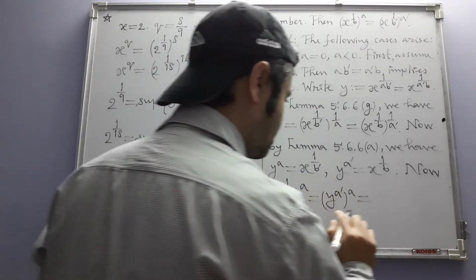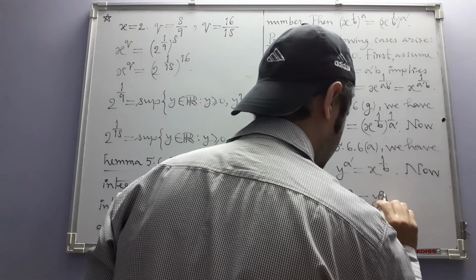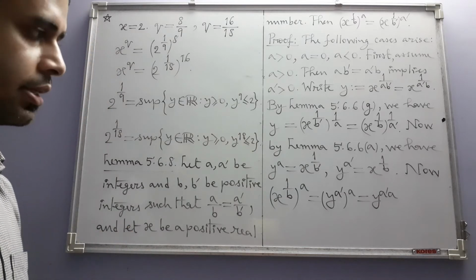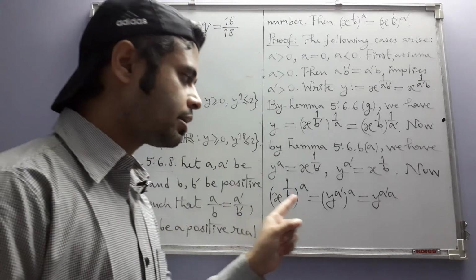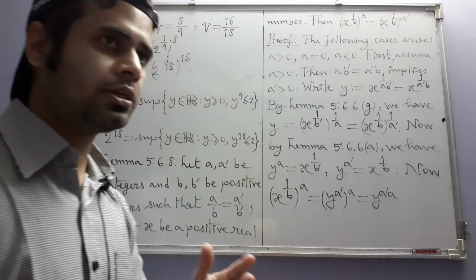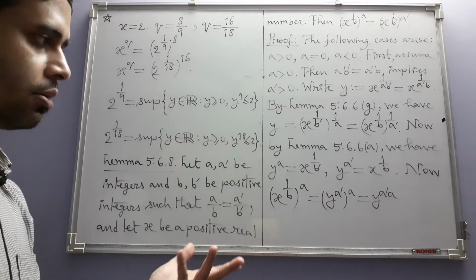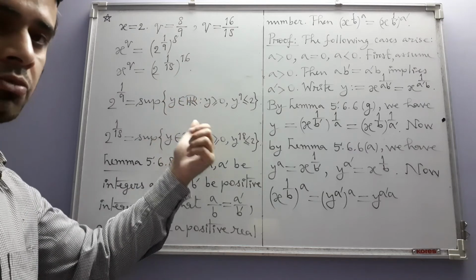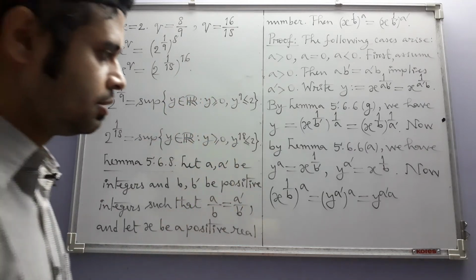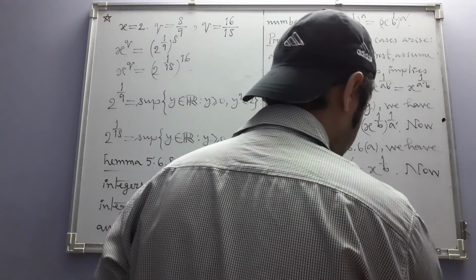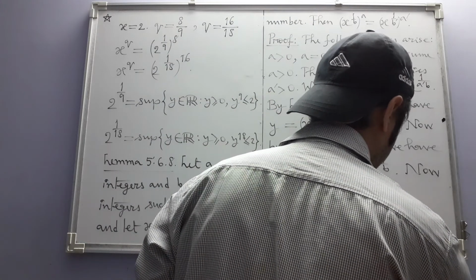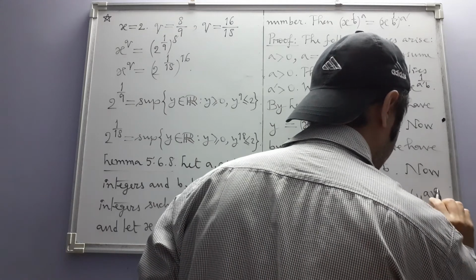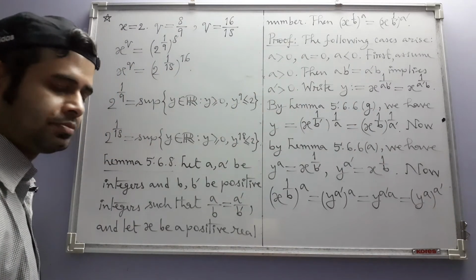Now in place of this we are going to write a prime a. What is the justification? The justification is that just like the rules of exponent are true for rational numbers, they are also true for real numbers. That proposition for which we gave a meta proof, that is the justification. So this is equal to this, but at the same time this can also be written as y to the power a whole to the power a prime.